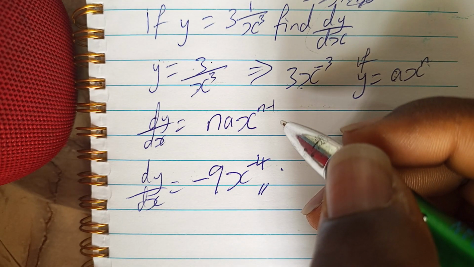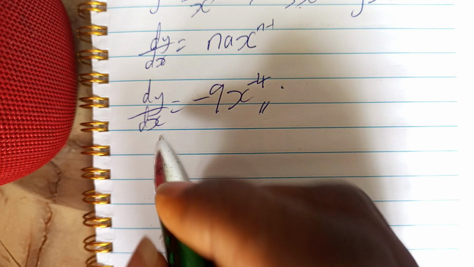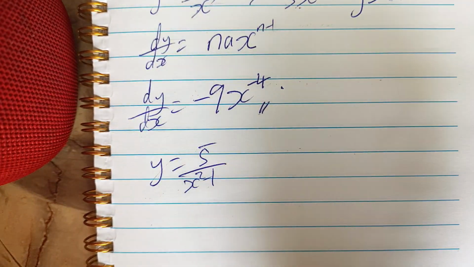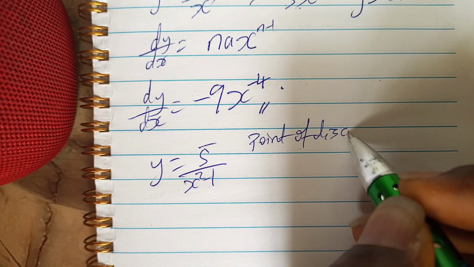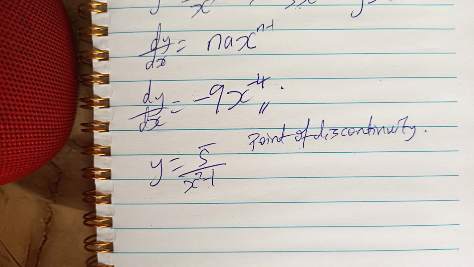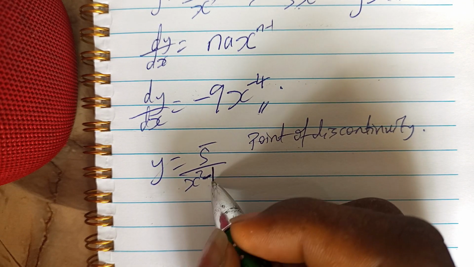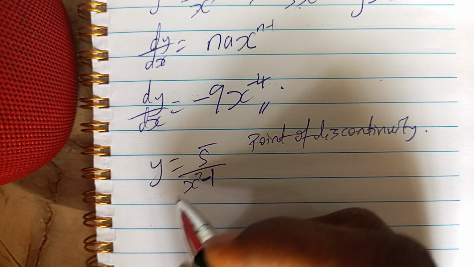Moving forward, another question: indicate the point of discontinuity of y is equal to 5 over x squared minus 1. Point of discontinuity. What did I say you're going to do about this? Look for the value that, if you put it in the denominator, is going to make the denominator 0.